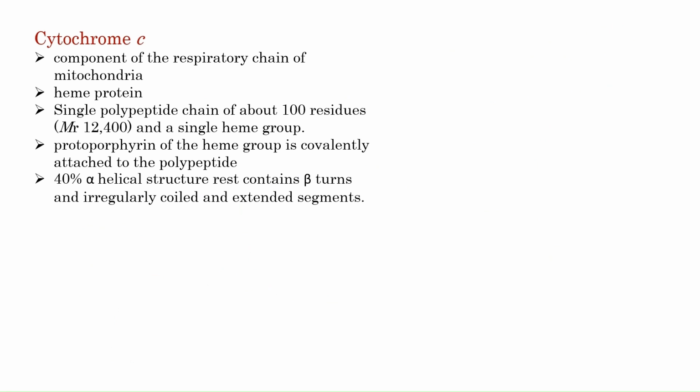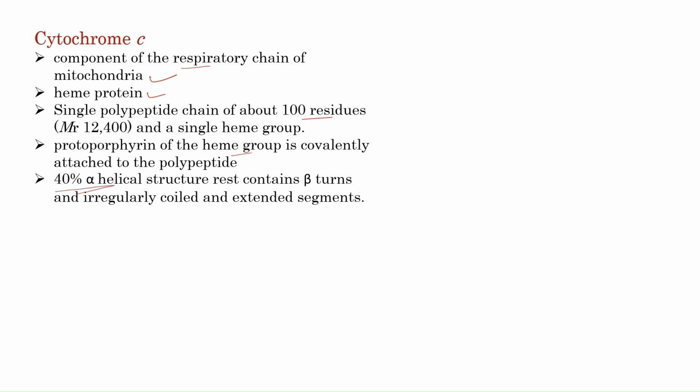Now, apart from myoglobin, cytochrome C is also a globular protein which is a component of the respiratory chain of mitochondria. It also contains a heme group which is covalently attached to this protein. It is a single polypeptide chain of about 100 residues with a single heme group.